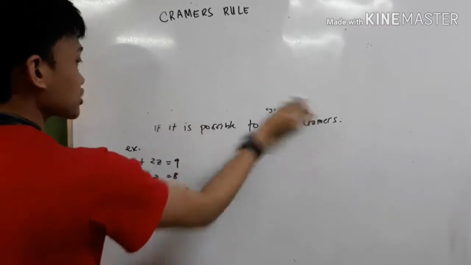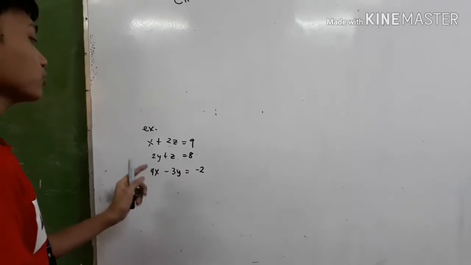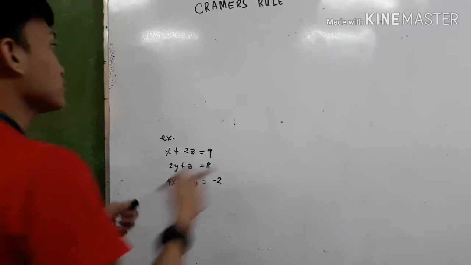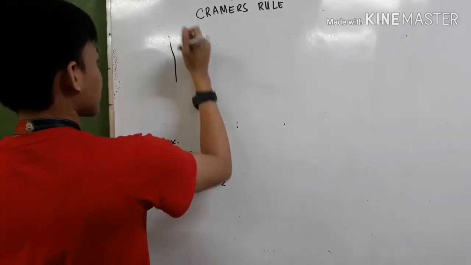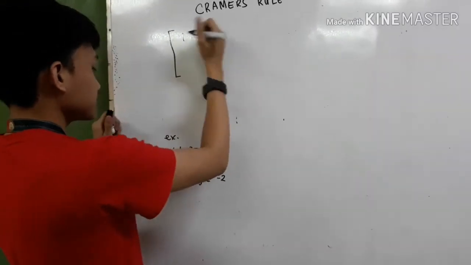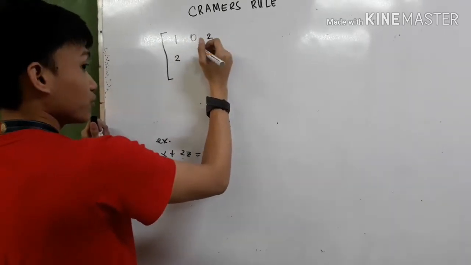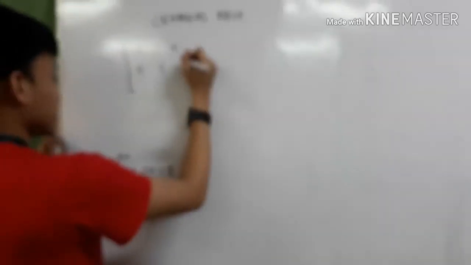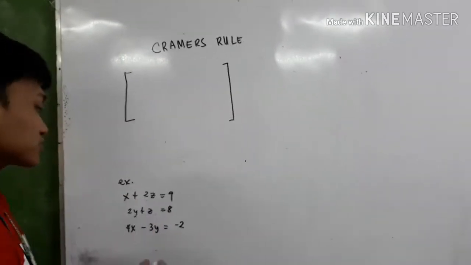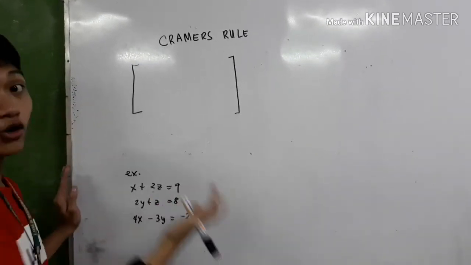Our given equations are x plus 2z is equal to 9, 2y plus z is equal to 8, and 4x minus 3y is equal to negative 2. So we have 1, 0, 2, 2, 1, and let's substitute it as an augmented matrix.